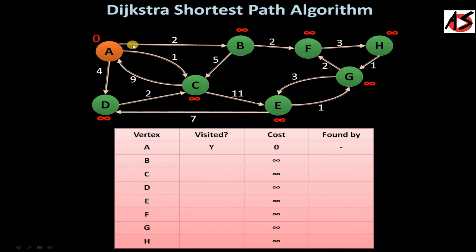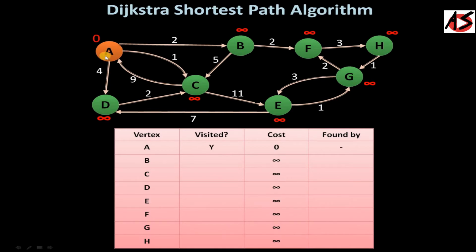Here we have a connected graph, and you can use the Dijkstra algorithm for directed as well as undirected graphs. We will start to visit vertices from our source vertex, that is A.